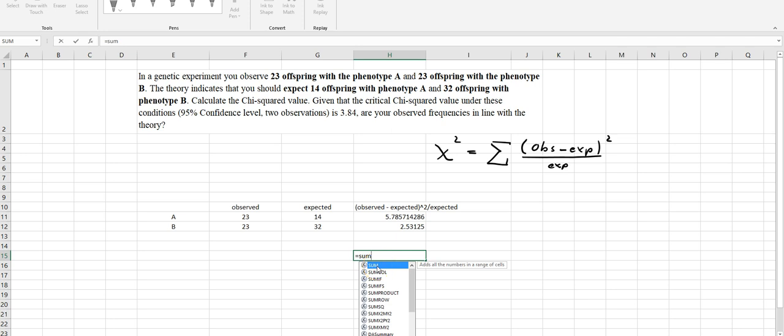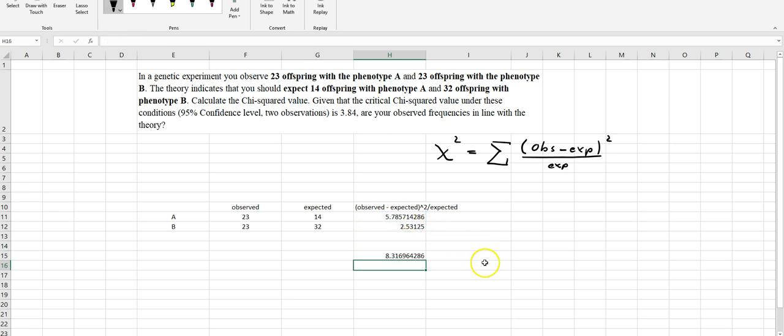We just start typing sum and add these two numbers up, and we get a chi-squared value of 8.32. So this one here is our chi-squared value.